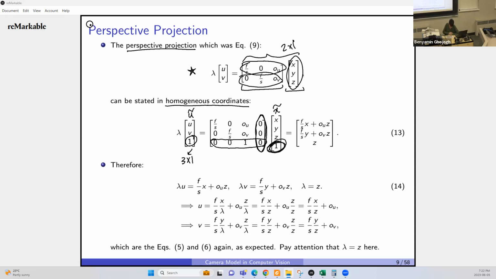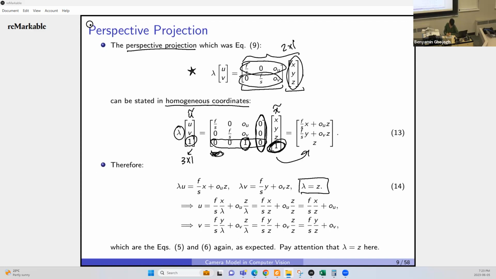And why do I put 1 here? Because I want to have lambda equals z. This is what I want. So I want lambda to be equal to z. Therefore, I put 1 here. If you put 1 here, let's simplify that.